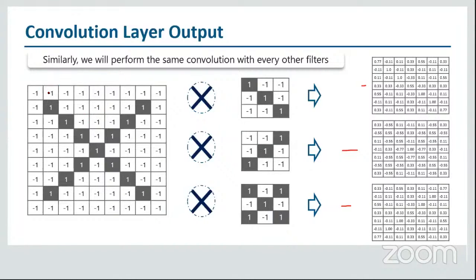If you see the matrix, 1, 2, 3, 4, 5, 6, 7, 8, 9, and 1, 2, 3, 4, 5, 6, 7, 8, 9. 9 cross 9. Imagine for you to do all this 3 times, right? This is the first time, second time, third time. That entire calculation has to be done by the system repeatedly. So we perform the same convolution with every other filter.